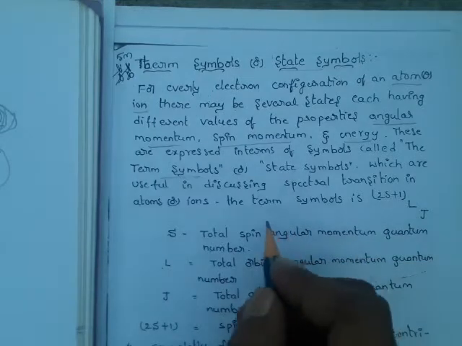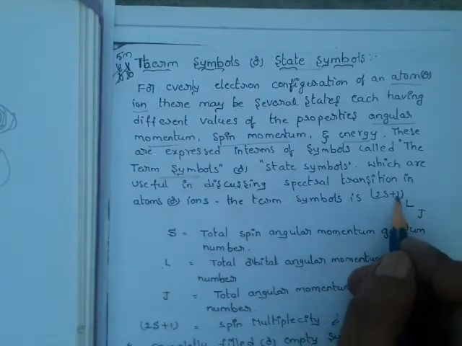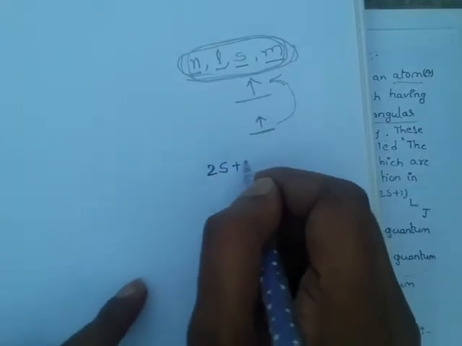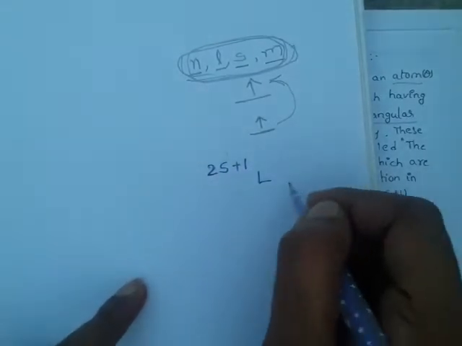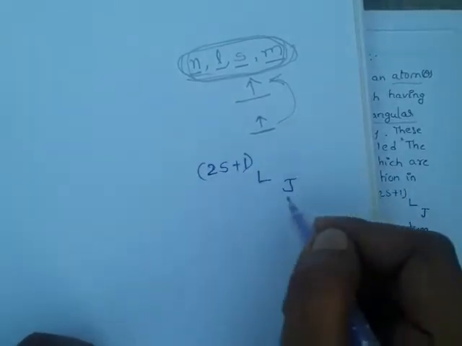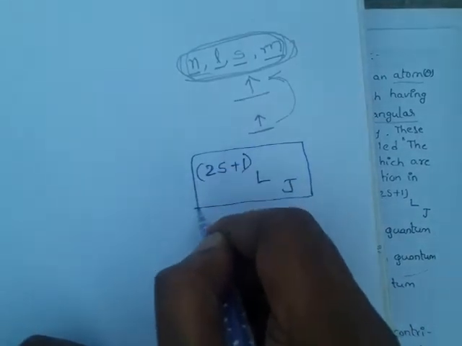Generally the term symbol is denoted by 2S plus 1 L J. You need to denote the term symbol like this.